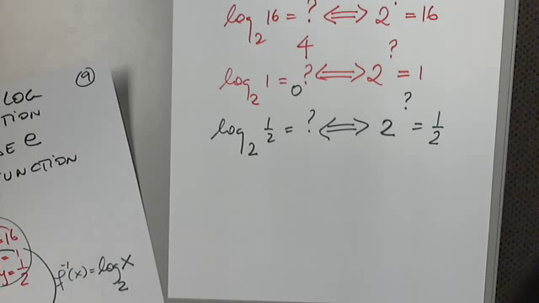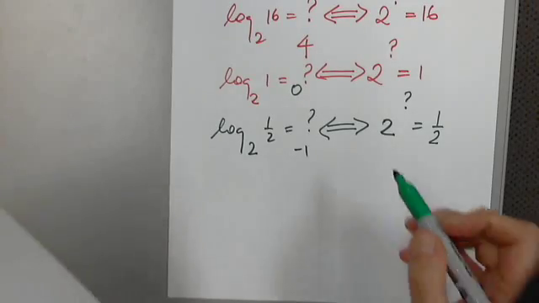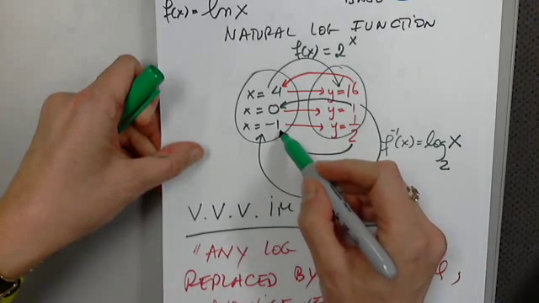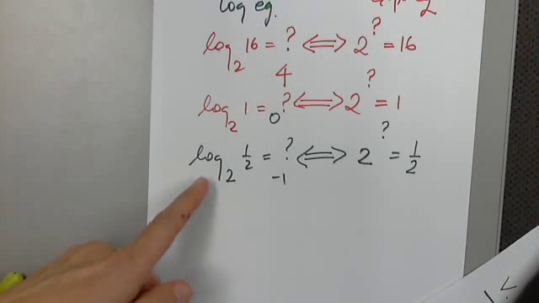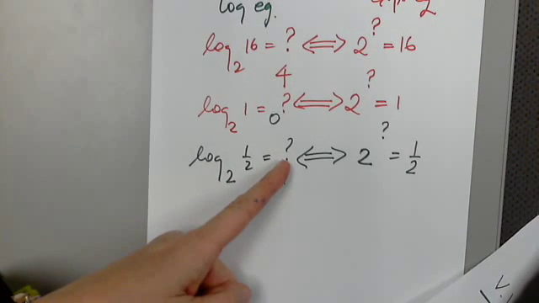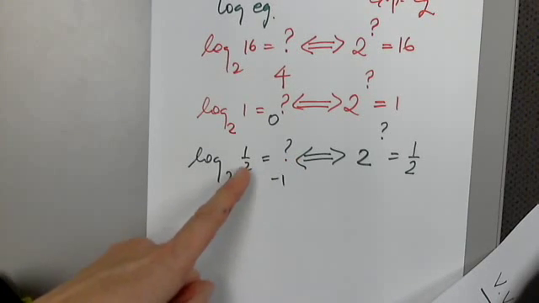Awesome. So what will be the answer in this case? Negative 1. Only 2 raised to negative 1 is 1/2. So we showed how this works. Now, also you can say, what is the log? The log is a power. A power? Yes. A power that I raise the base to get this number.